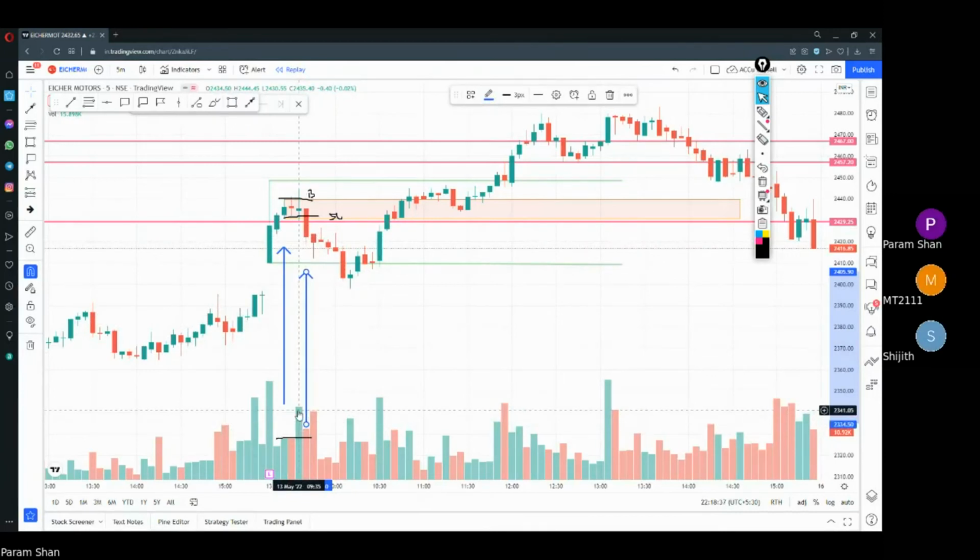This is the previous candle. The volume is high for this, right? And on the next candle, when we are going here, the volume is high, but the candle is not showing the seller strength.